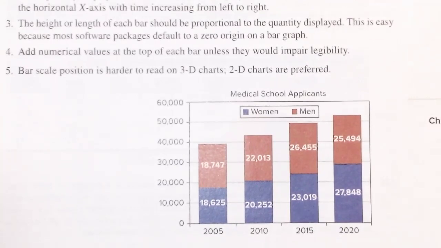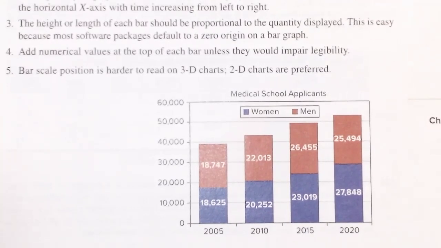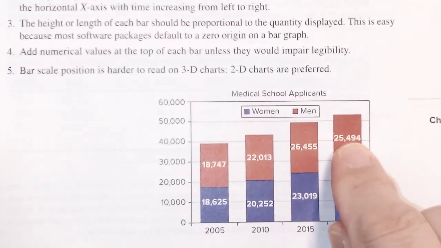The red portion of the chart are men, the blue portion of the chart are women. Women's applications are clearly getting bigger, right? Men's applications, are they getting bigger or smaller? They got bigger and then they got smaller again, right?